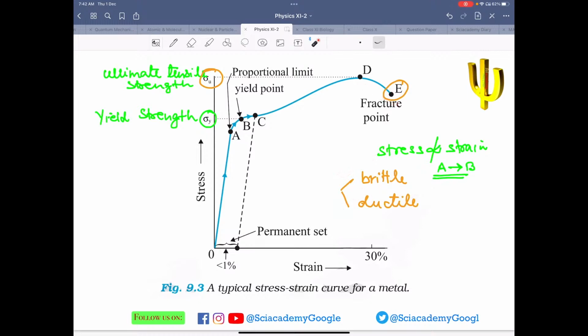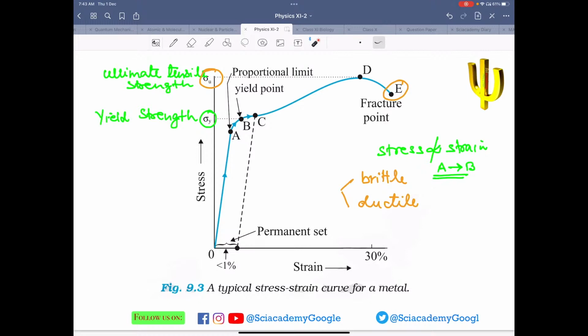So you should be able to give the answer that when the distance between D and E is less, in that case the material will quickly become brittle, break, fracture. And if the distance between D and E is more, in that case the material will be ductile, like your gold and silver. By applying force we can make a thin sheet of them, they are highly ductile materials. In the case of gold and silver, the distance D and E is very large.